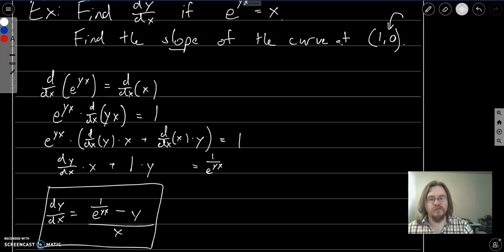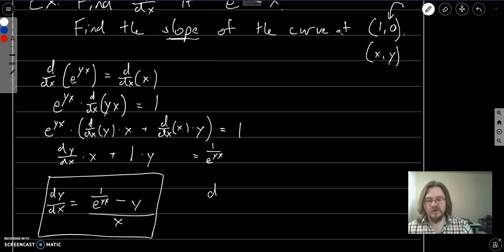But we want to find the slope at the point 0, 1. And again, this is just going to be at the point x, y, where x is 1 and y is 0. So if I want to find the slope, it's just the derivative, and I can plug in my values for x and y. So dy dx is going to be 1 divided by e to the 0 times 1 minus y, which is 0, all divided by x, which is 1.